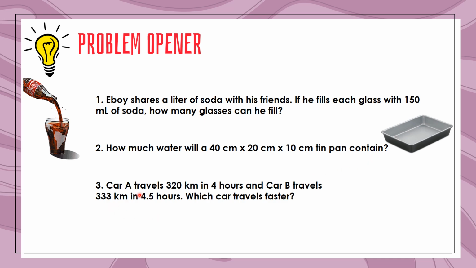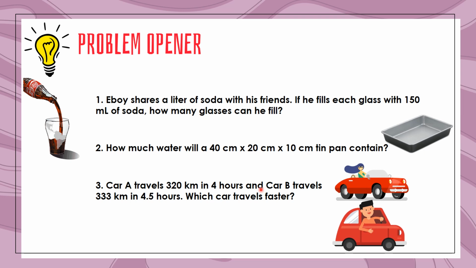Lastly, car A travels 320 kilometers in 4 hours, and car B travels 333 kilometers in 4.5 hours. Which car travels faster? Again, these are the three problem openers. We will answer this after having the discussion about volume and capacity and speed. So let's now have the discussion.